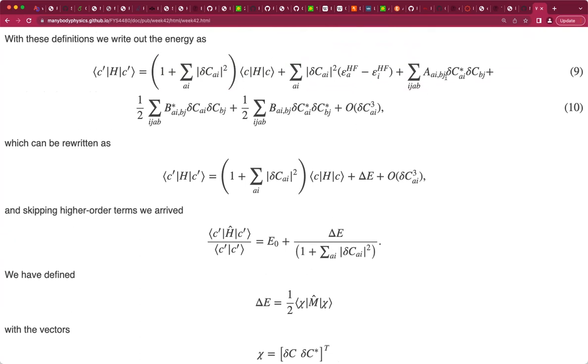So if you look at these terms which you have here, this is a quadruple sum. So you could now think of summing over particle hole excitations, right? And these particle hole excitations, which you see here, can then be rewritten in terms of a matrix.